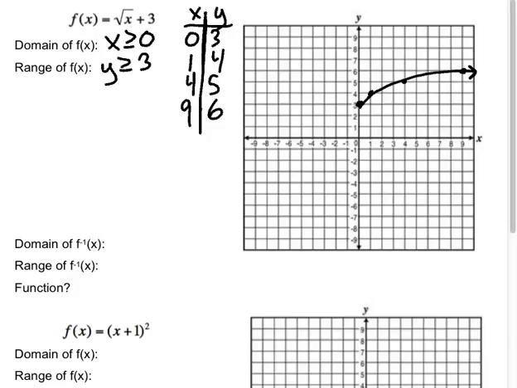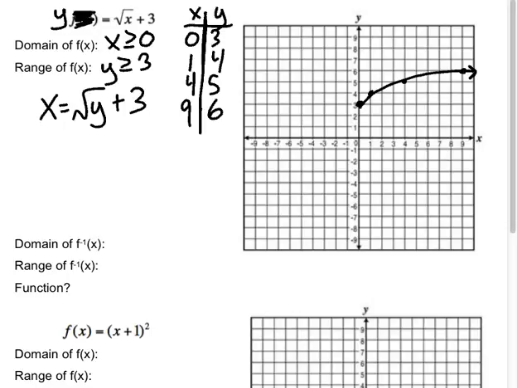All right, now let's find the inverse of this thing, okay? So remember, the inverse is going to be replacing that with y, and now it's swapping x with y, right?